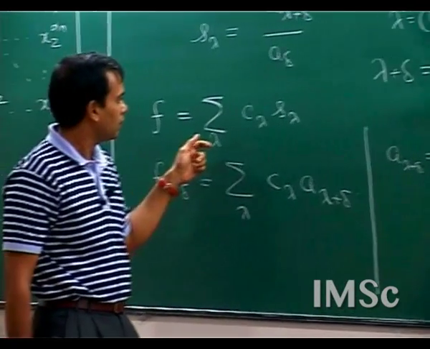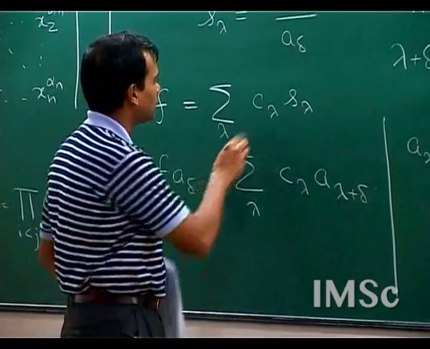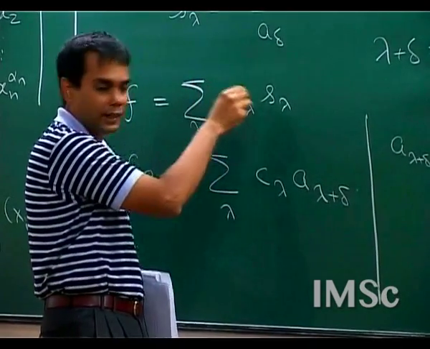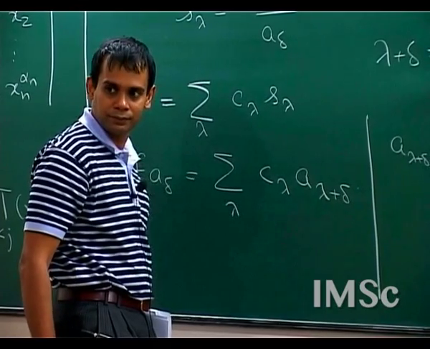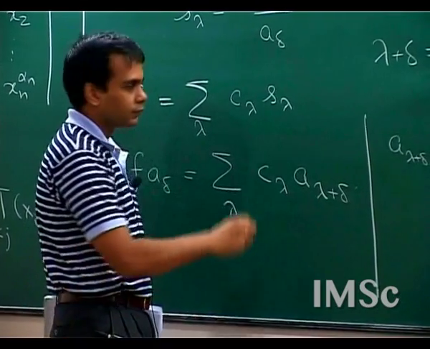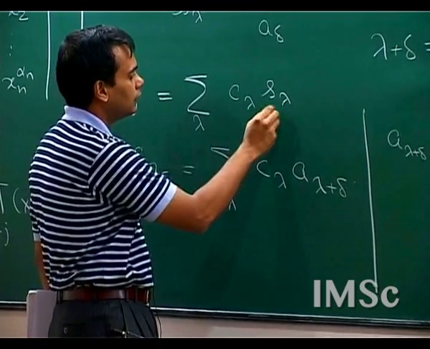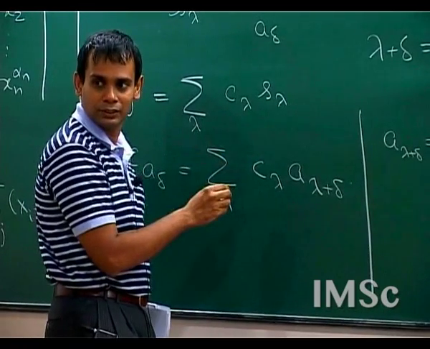What is c lambda? These are the coefficients, so these are just elements in your field, and these are the Schur functions themselves. So this is just a linear combination of Schur functions.